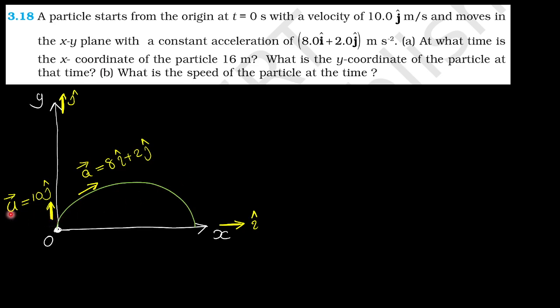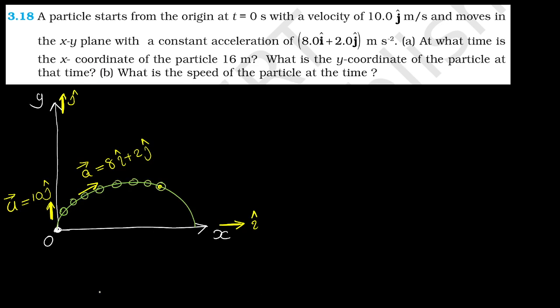So initial velocity is denoted by u. The body is moving with a fixed acceleration 8I plus 2j. At what time is the x-coordinate of the particle 16 meter? The body is moving just like a projectile motion, along some path.